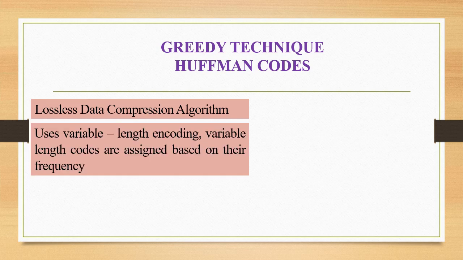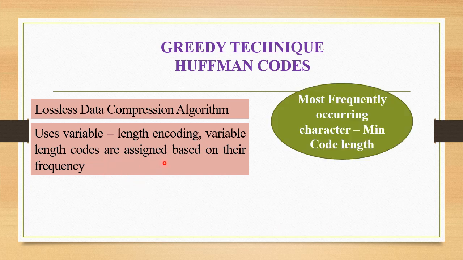So what is Huffman code? This is a lossless data compression algorithm. As I said, it uses variable length encoding, and the variable length codes are based on the frequency of occurrence of the letters. The most frequently occurring character will have the minimum code length. As you saw in the previous slide, A occurs 45 times, but the number of bits assigned to A is only 1 bit.